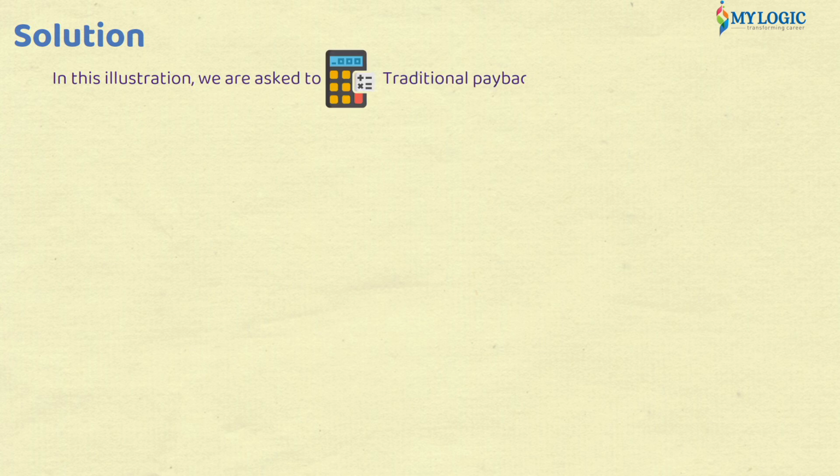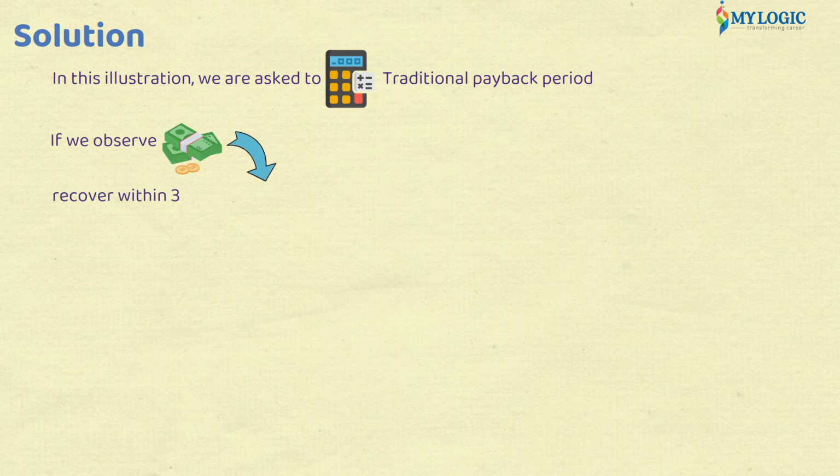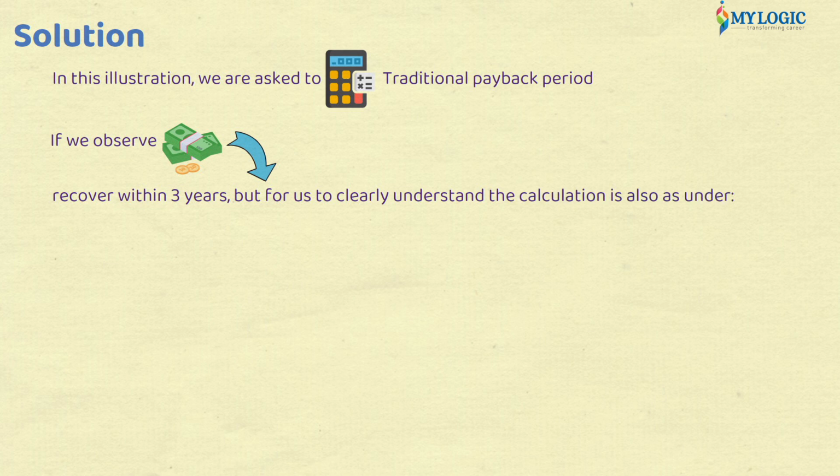Solution: In this illustration, we are asked to calculate the traditional payback period. If we observe, the cash flow can be recovered within 3 years, but for us to clearly understand, the calculation is also as under. Traditional payback period is equal to 3 years plus the amount remaining of the initial investment.